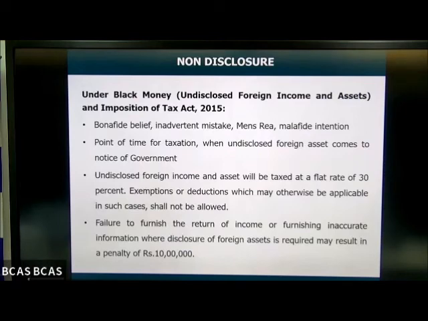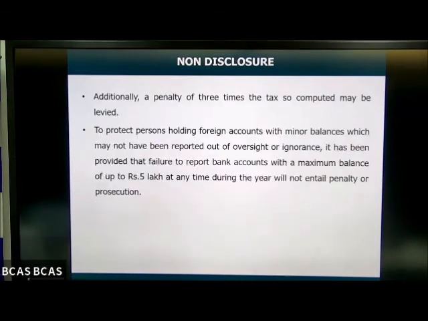Undisclosed foreign income and asset will be taxed at a flat rate of 30%. Exemptions or deductions which are otherwise available will not be allowed in such cases, and failure to furnish the return of income or furnishing inaccurate information where disclosure of foreign assets is required may result in a penalty of up to 10 lakh rupees under the Black Money Act.